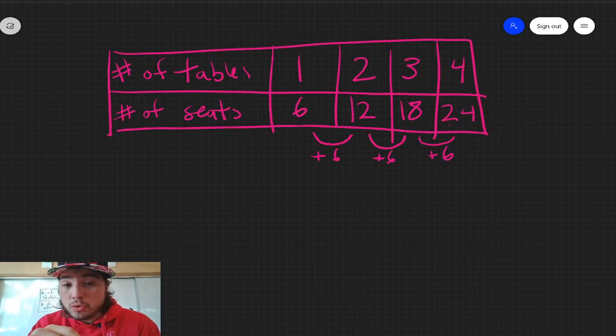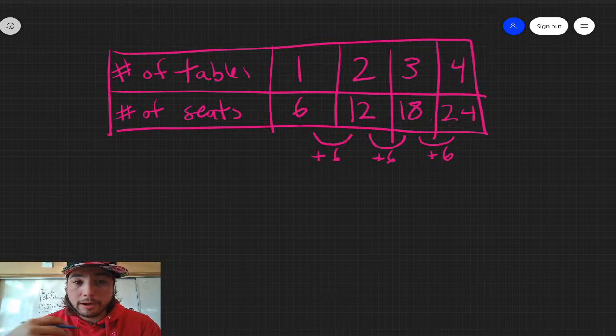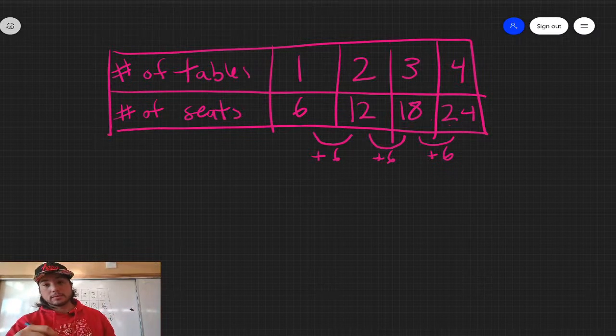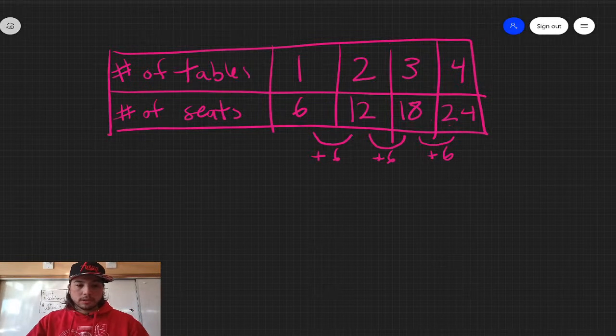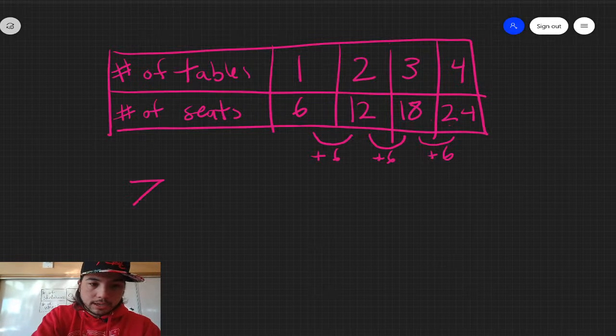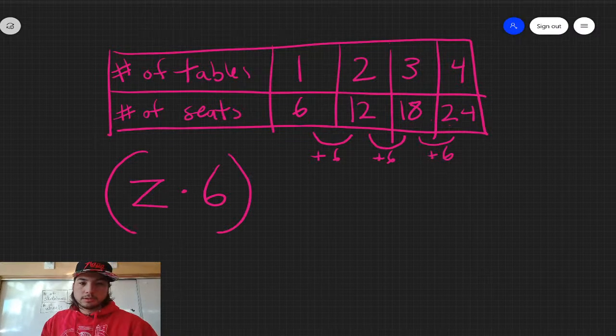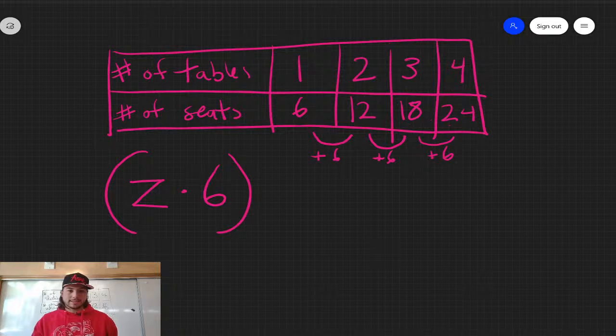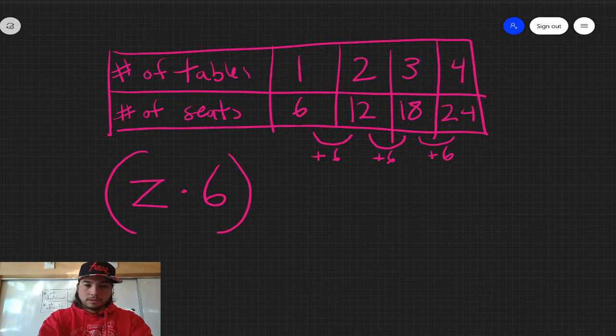So that means a new group of 6 comes in every time we add a new table, right? 6 seats for every table. Okay, that's the way to say it in words. In an expression, I saw somebody say z as their variable times 6. So for every table, if we had z equals 1, z equals the number of tables.